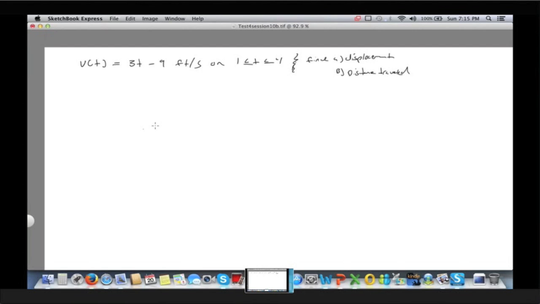Okay, so displacement. So we're taking the integral from 1 to 4 of v(t) with respect to t.